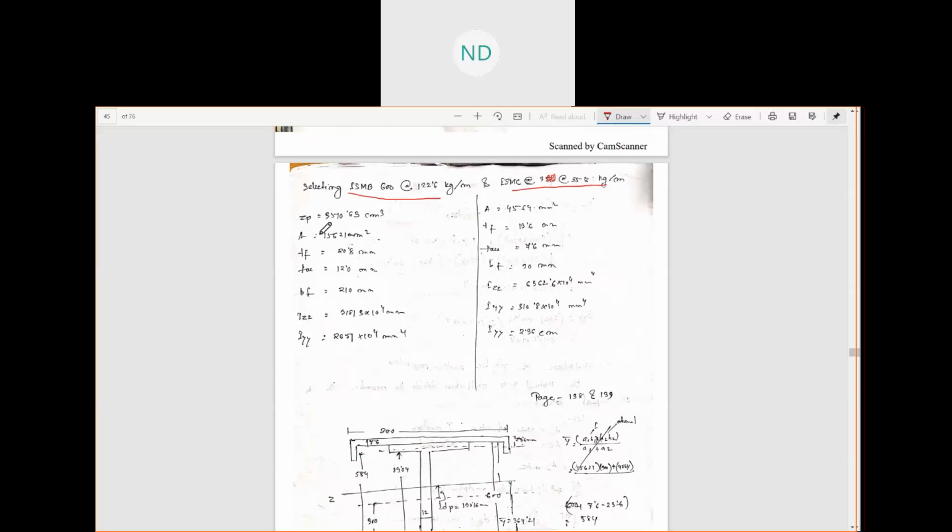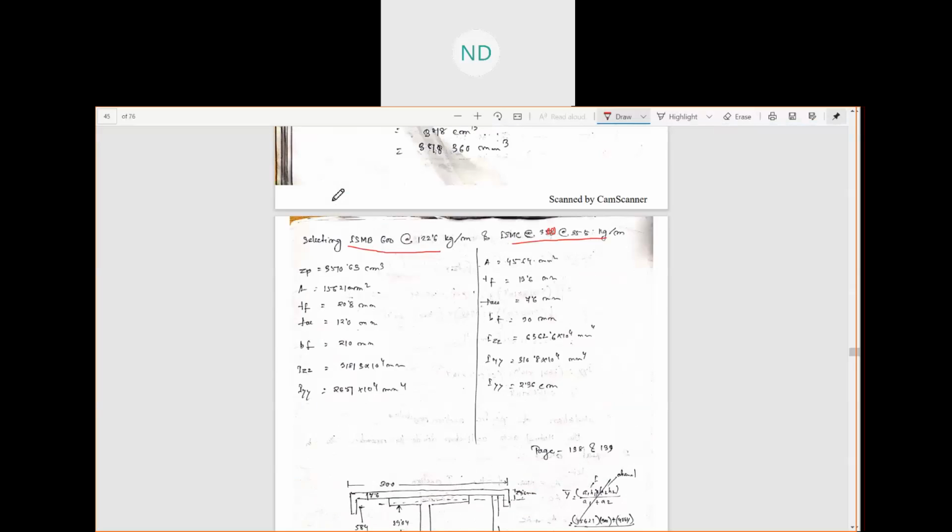So you see here, when we were designing, what we had done previously was we had calculated the required section modulus. That means this much section modulus is required for the loadings which we have calculated.